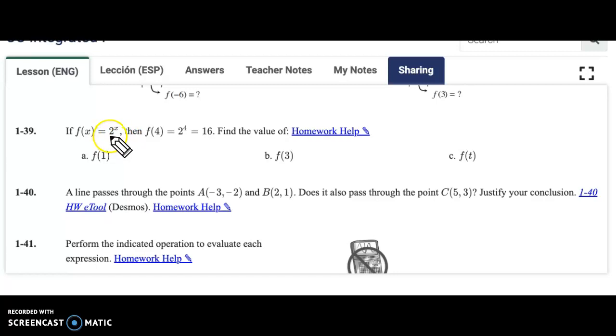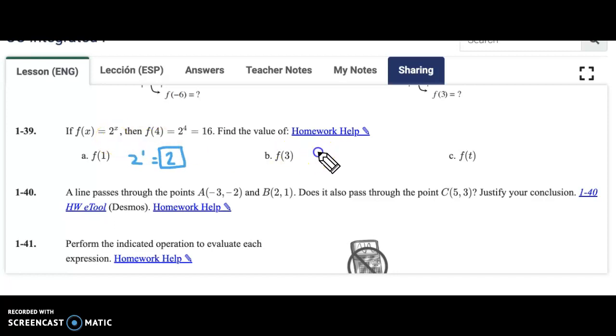It doesn't really look like an equation because it's just a 2 with the exponent of x, but it's still an equation. And then it tells us plug in these three numbers. So it says find the value of f of 1. So we're going to take this and plug in a 1. Okay, well 2 to the first power equals 2. So my answer for this first one would be 2.